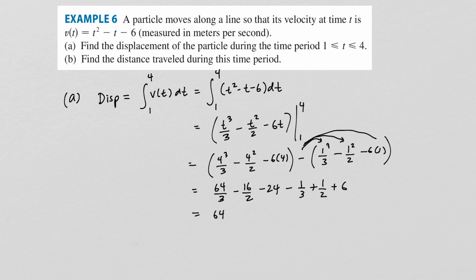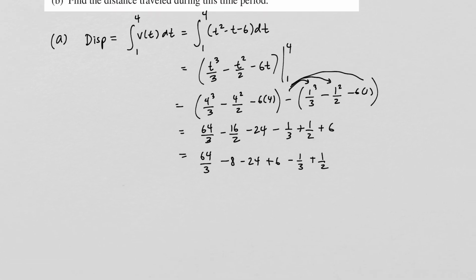So this is 64 over 3 minus 8 minus 24 plus 6 minus 1/3 plus 1/2. And let's combine these. Negative 8 and negative 24 is negative 32. Plus 6 is negative 26. So we've got 64 over 3 minus 1 over 3 minus 26, and then plus 1/2.